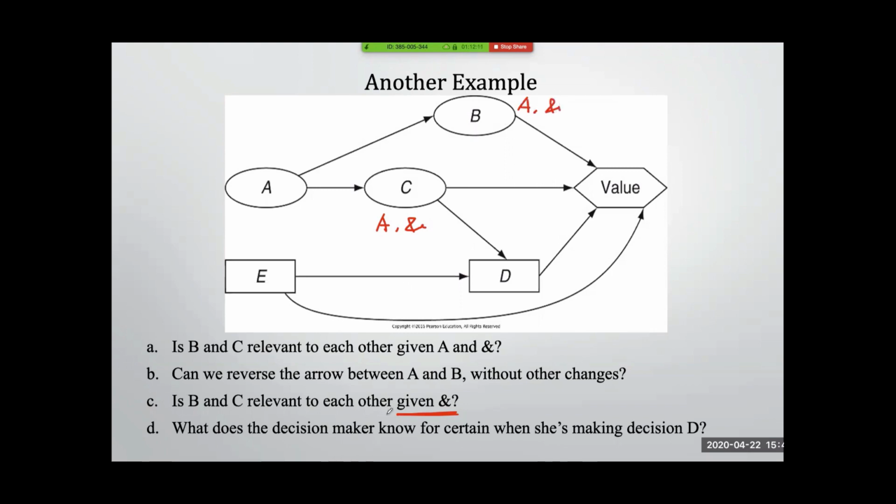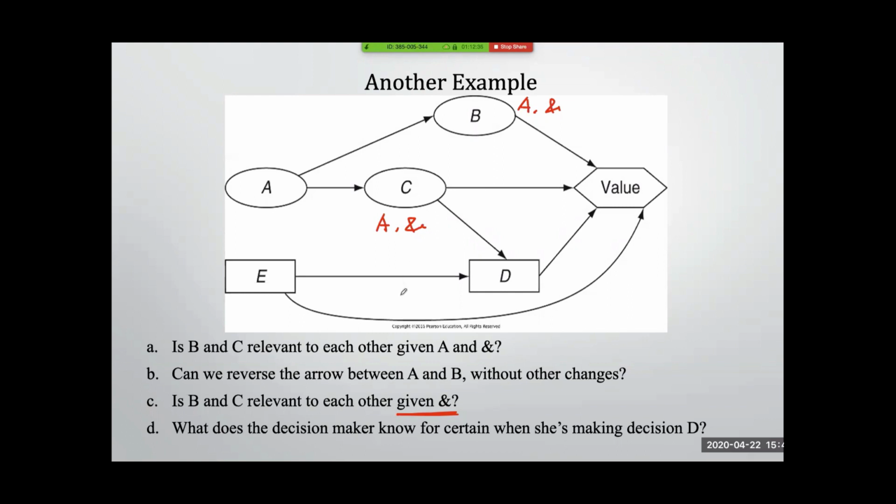So you cannot directly tell whether B and C are relevant to each other given background knowledge only in the current diagram as is. What you can do though is to manipulate the arrows so that B and C are not receiving arrows from anyone else except maybe from each other.